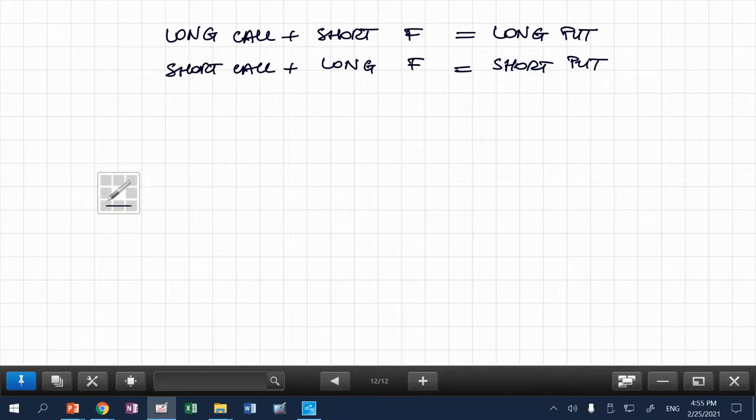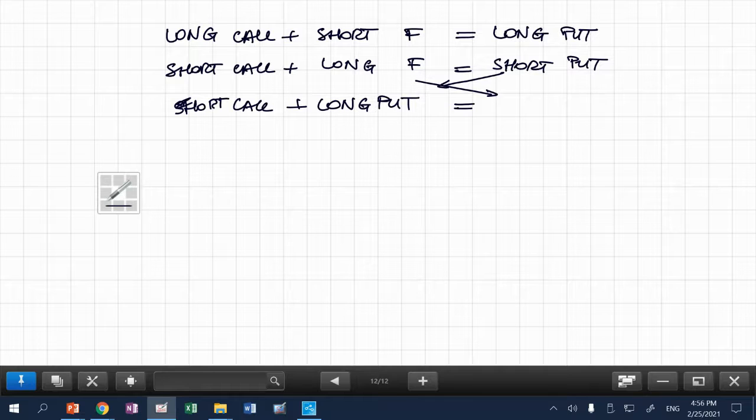And as a consequence, for instance, you can also say that if you have a short call plus a long put, which is what I obtain if I take the short put to the other side, this must be equal to what? To the long future changed by sign, so it must be a short future.